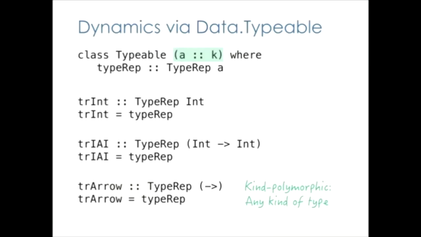There's nothing special, so we can make a type representation for arrow, using the fact that we can have type classes that work for different kinds of types as well. GHC knows how to put a type representation for an arrow type and a type representation for int together to get the representation for this int arrow int type. So it's going to construct representations for any type that you might write down by generating representations for the primitive constructors for you.